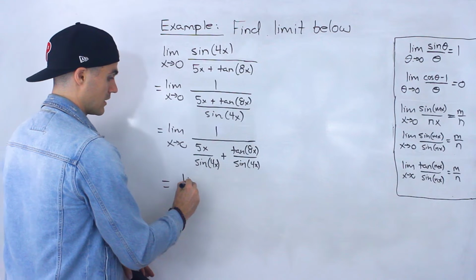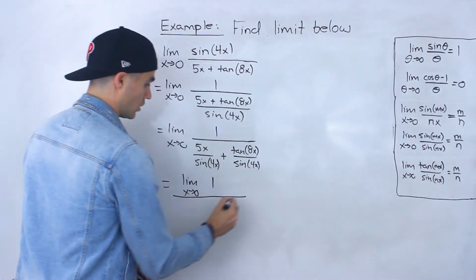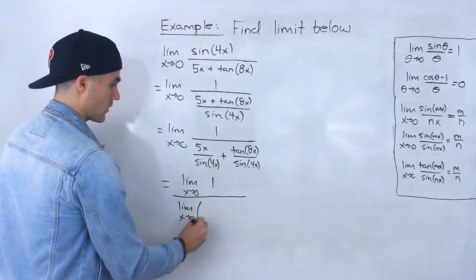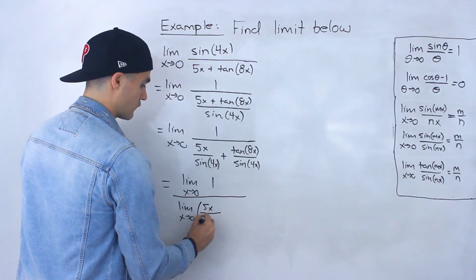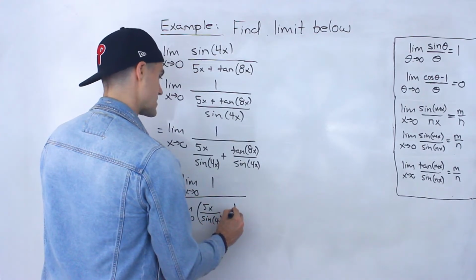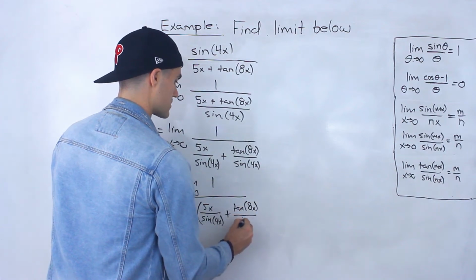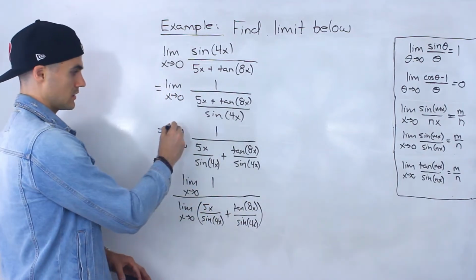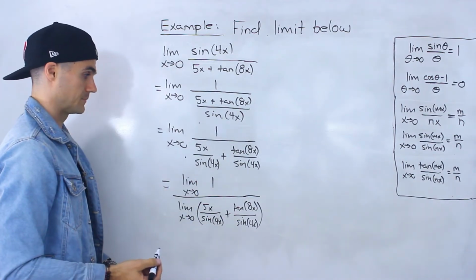So I'm going to have the limit as x approaches 0 of 1 all over the limit as x approaches 0 of this entire expression, 5x over sine 4x plus tan 8x over sine 4x. Okay, so just distributed that limit at x approaches 0 to the numerator and the denominator.